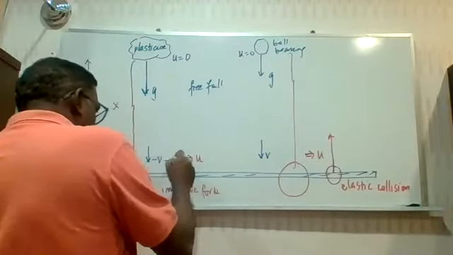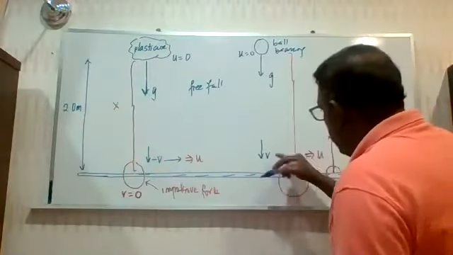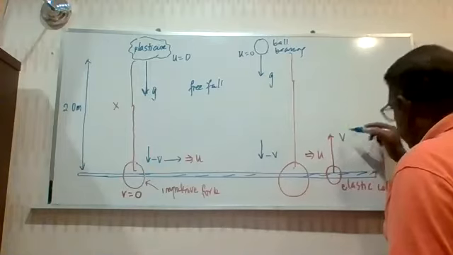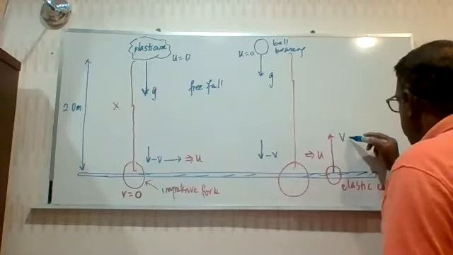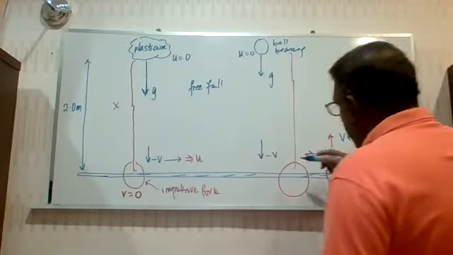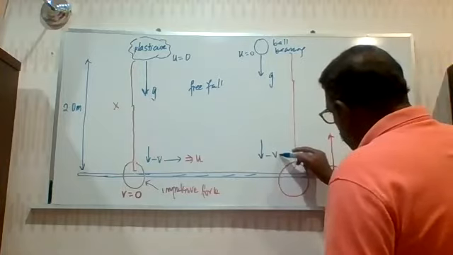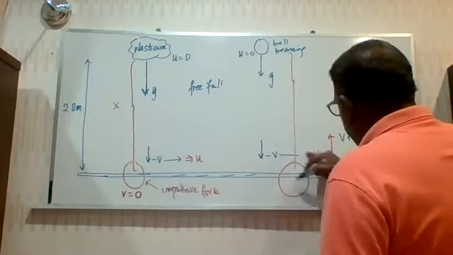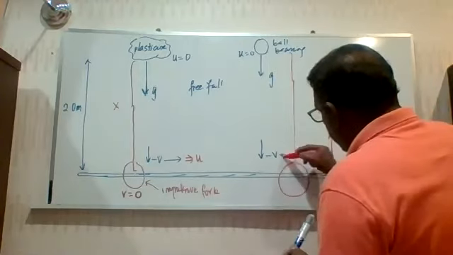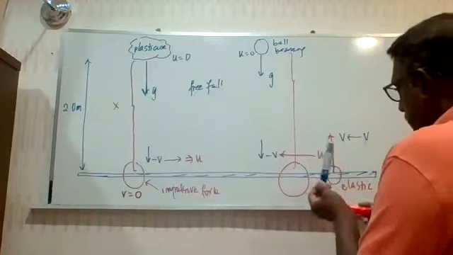Remember, this is your U. Upon going up it will be V. So the U of the ball bearing is -V, and the V of the ball bearing is V.